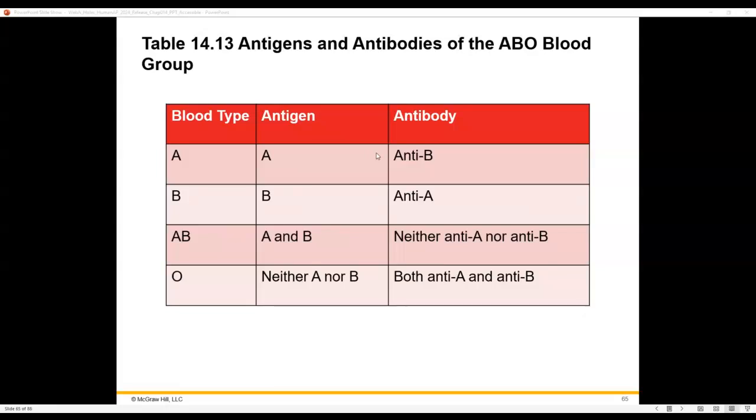Okay, and AB. This person has both A and B antigens, and therefore is not going to produce antibodies against A or B, because it would destroy itself. And O-type means neither A nor B antigens, so both anti-A and anti-B antibodies would be formed if an A or B transfusion occurred.